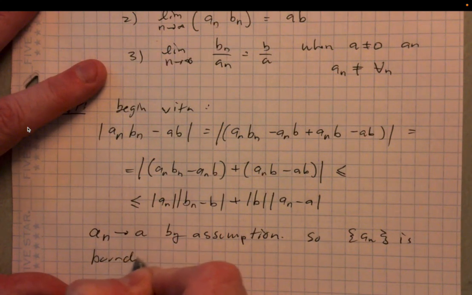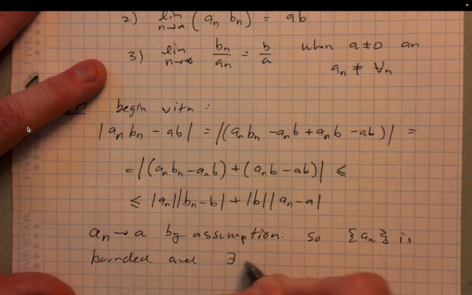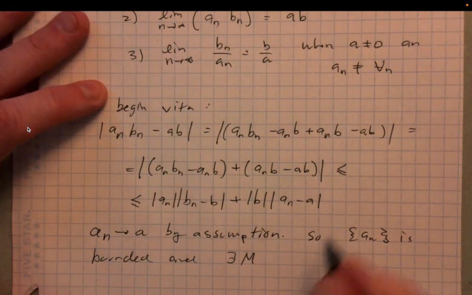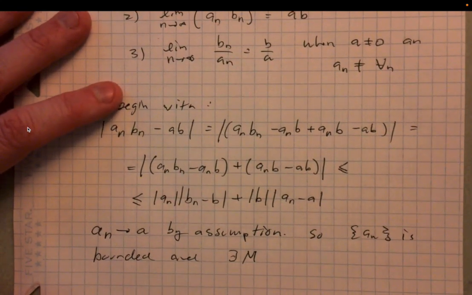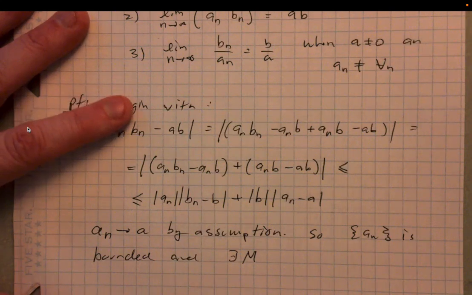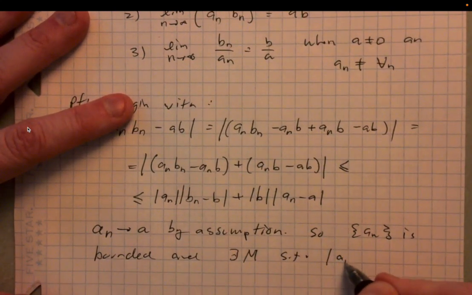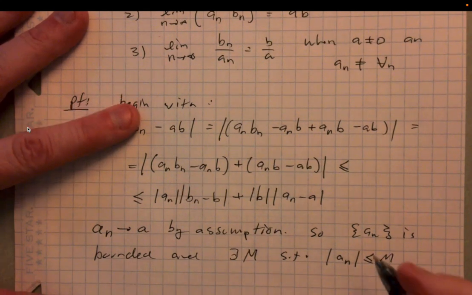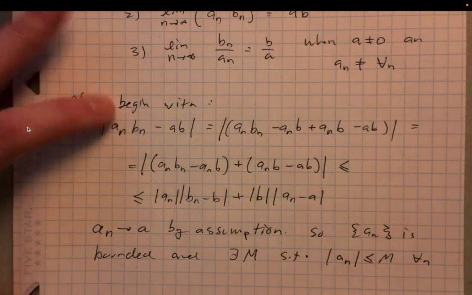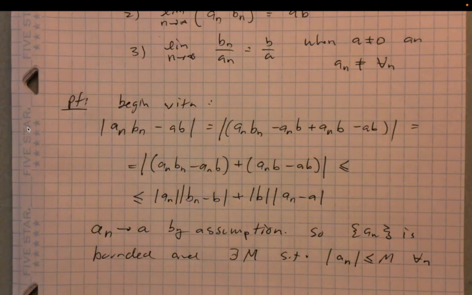So a sub n is bounded, and that means there's going to exist some m. We can say m is some positive integer. So there exists an m such that the absolute value of a sub n is less than or equal to m for all n. That's just a consequence of the sequence converging, right? That just means there's some positive number that's larger than every term of the sequence.